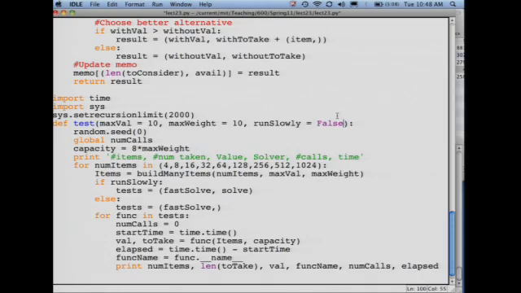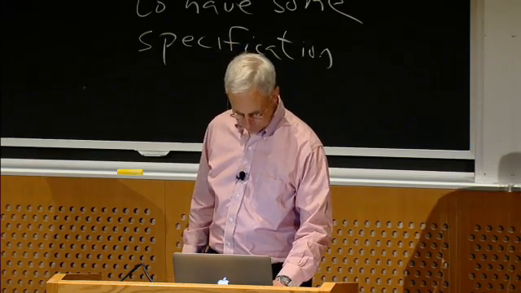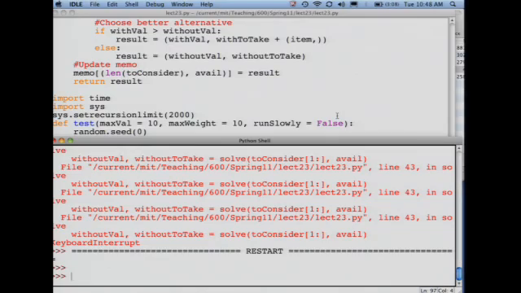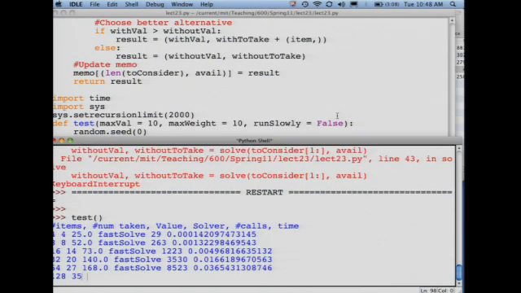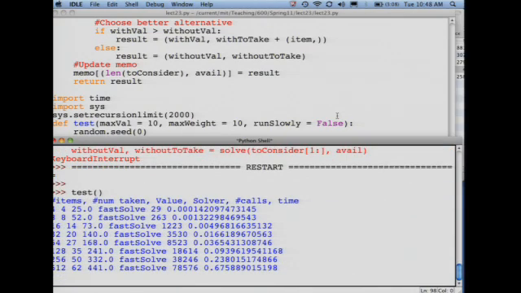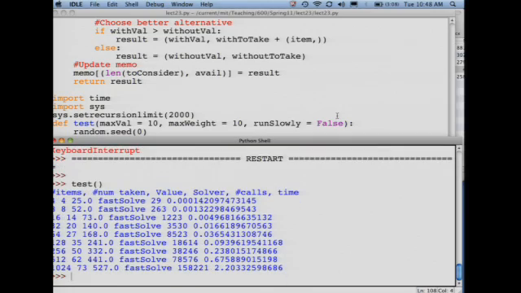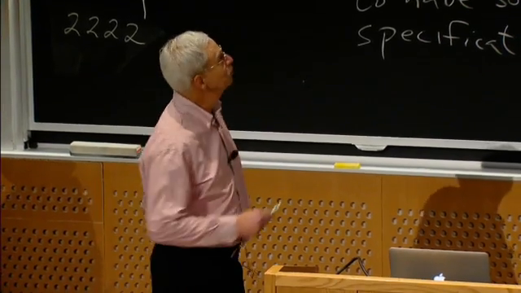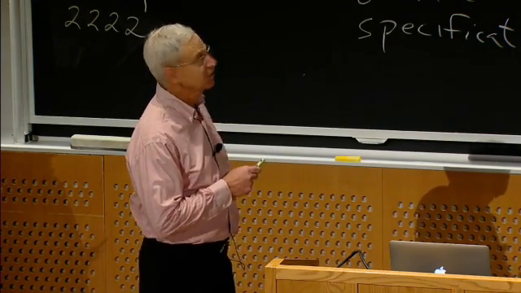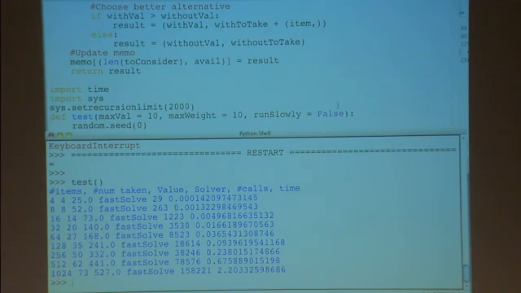It says don't run slowly, i.e. don't call solve. So not only did we not get stuck at 32 items, way up here, we didn't get stuck at 1024 items.